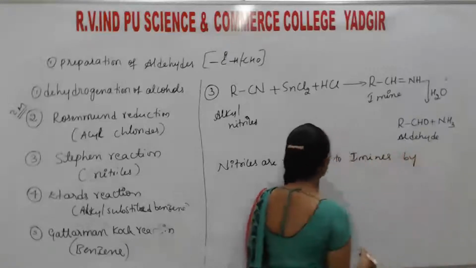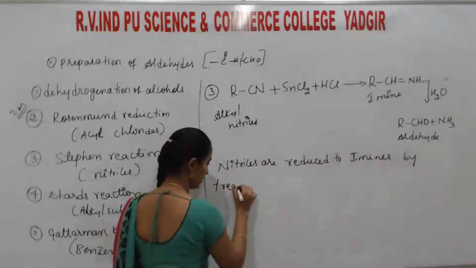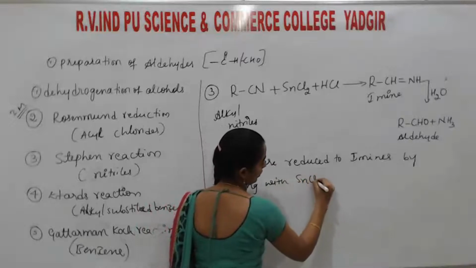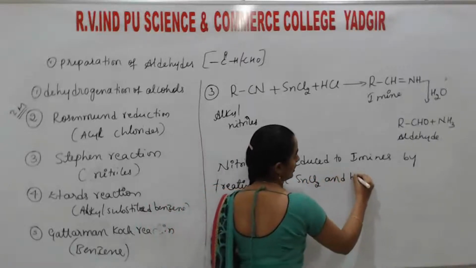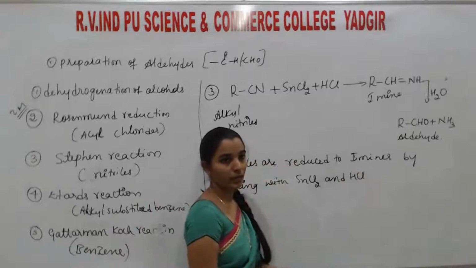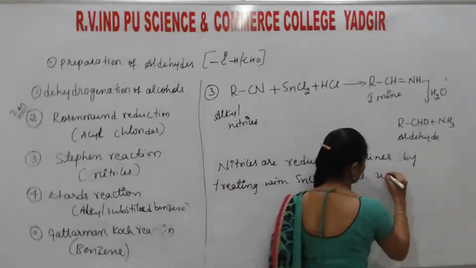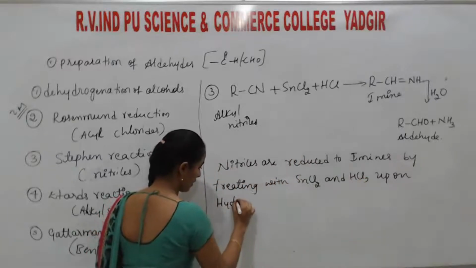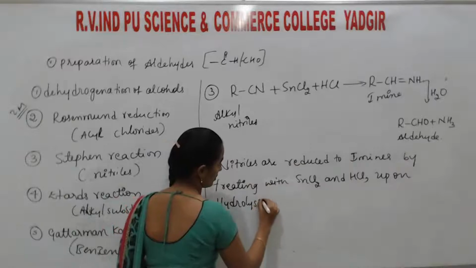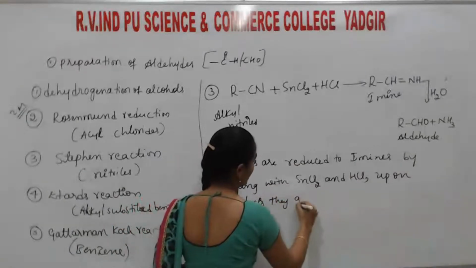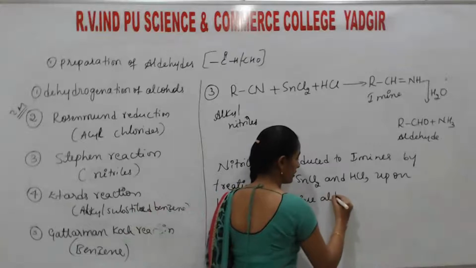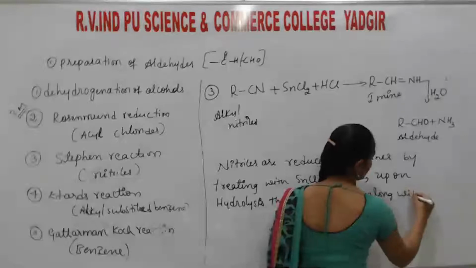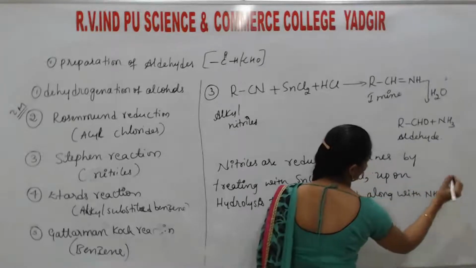by treating with stannous chloride and HCl. Okay? Upon hydrolysis, they give aldehyde along with ammonia.